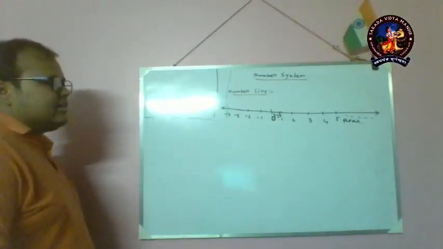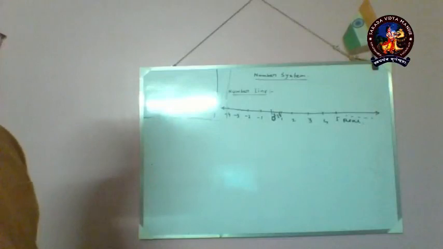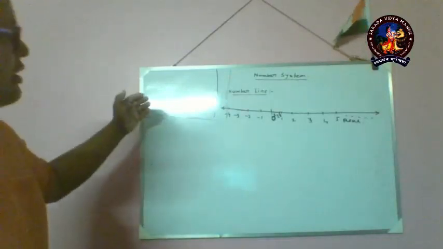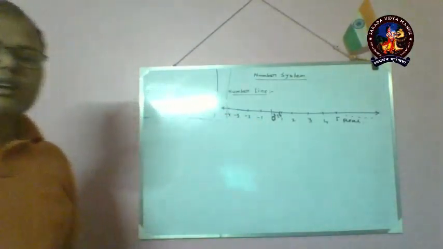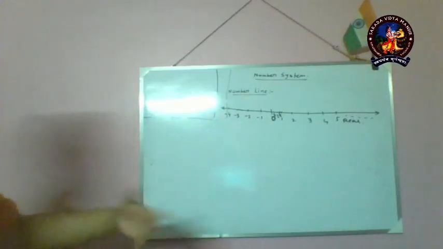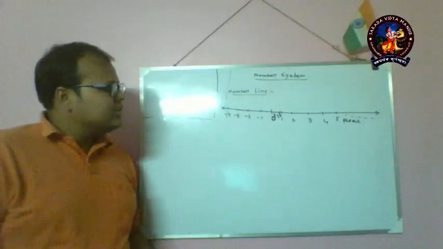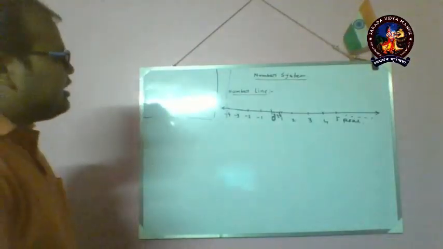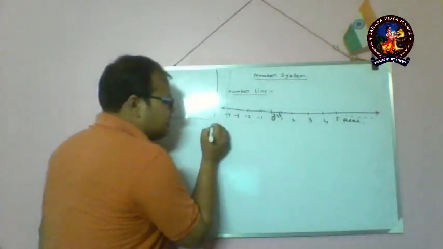These all are the rational numbers. And some other type of numbers are also there in the real number line. They are called irrationals, which are not rational. So some other numbers are there which are not rational. So let's know about the rational number first.